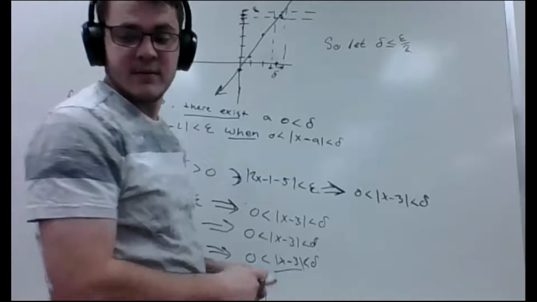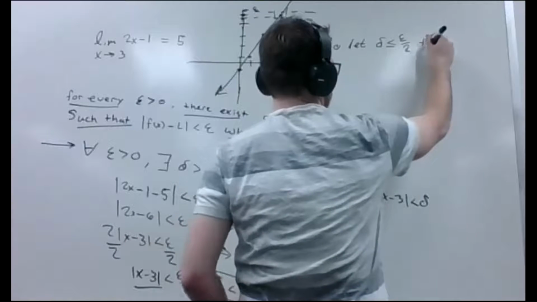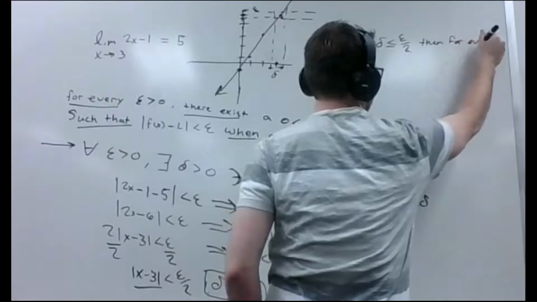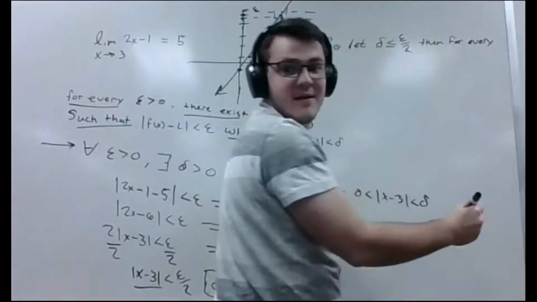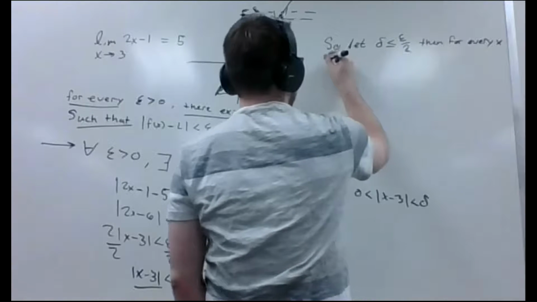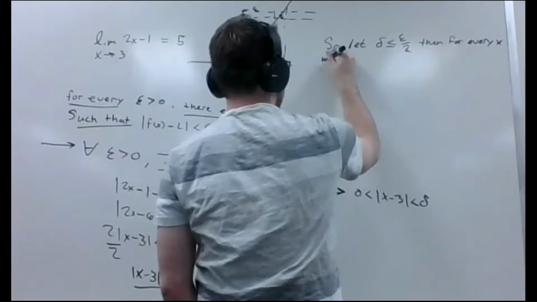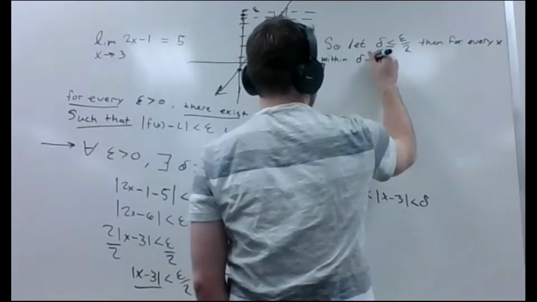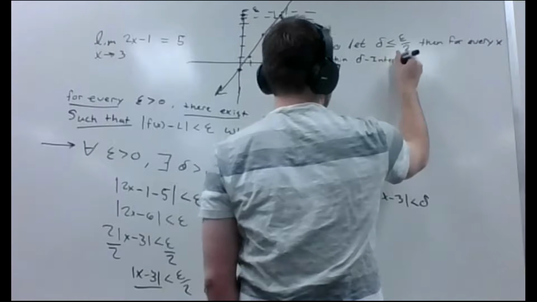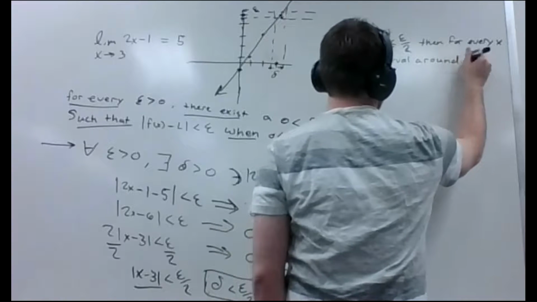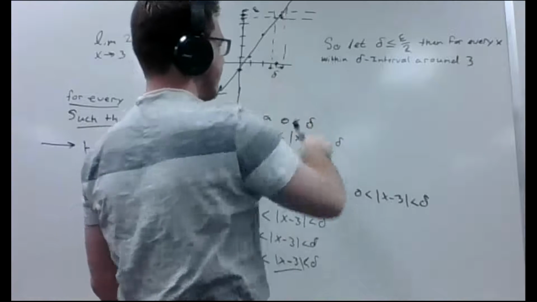And then for every x within the delta interval around 3, because that's where we are, right?